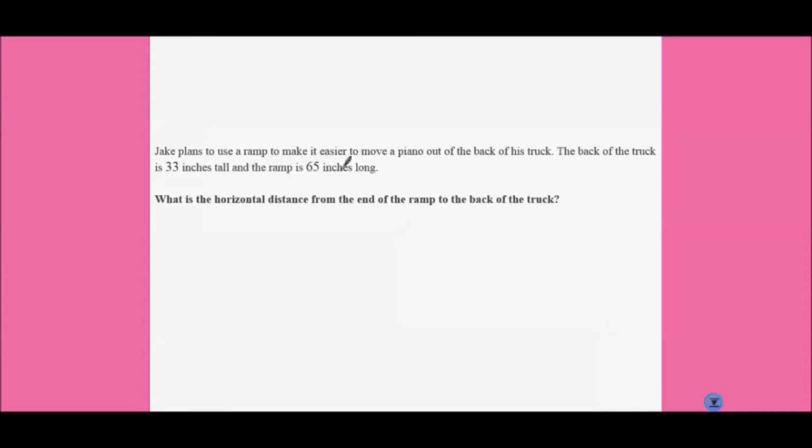Our last example is a word problem. Jake plans to use a ramp to make it easier to move a piano out of the back of his truck. The back of the truck is 33 inches tall and the ramp is 65 inches long. What is the horizontal distance from the end of the ramp to the back of the truck? So we know that the truck, from the ground to the top of the truck, is 33 inches. The ramp coming off the truck is 65 inches. We want to know how far it is from the edge of the ramp to the back of the truck.